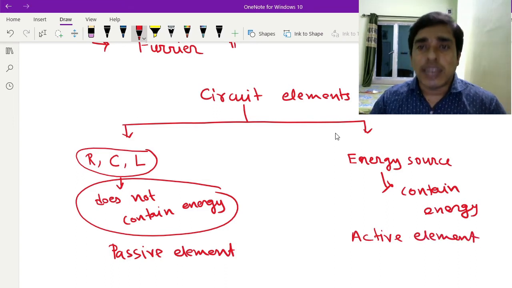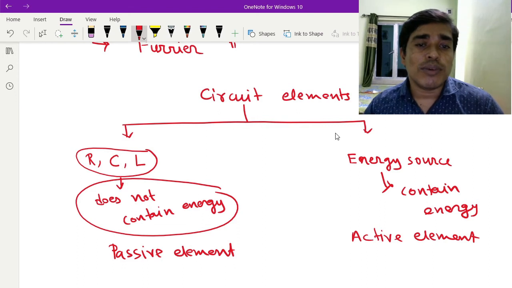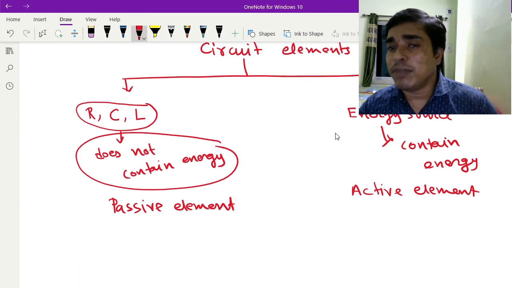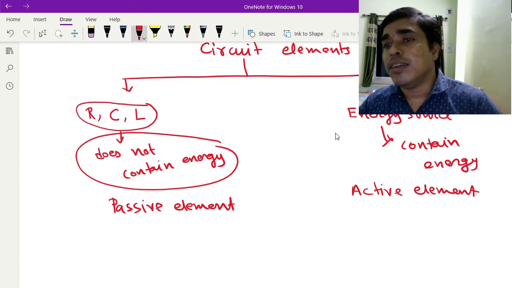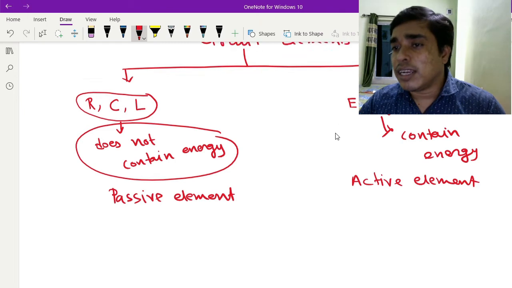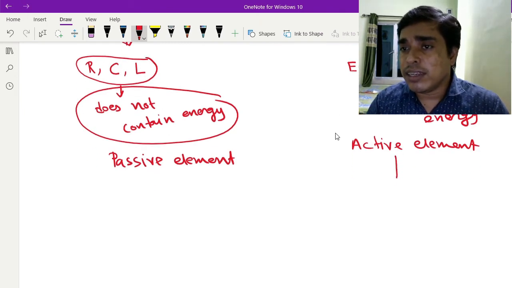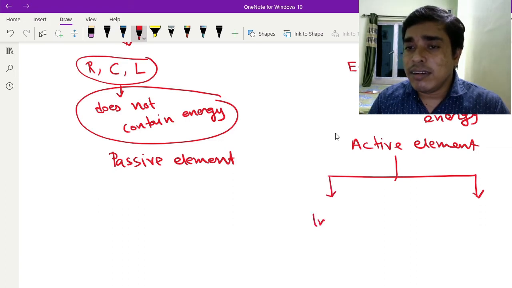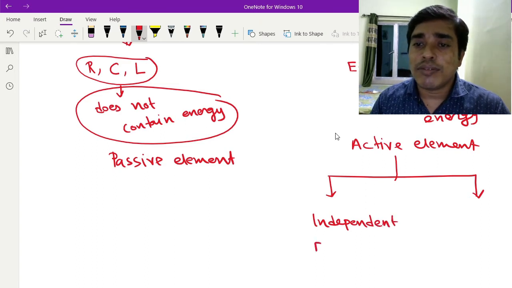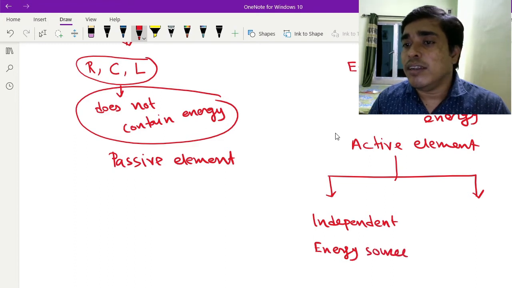So circuit elements can be classified in two ways: passive elements and active elements. Passive elements are resistance, capacitance, and inductance, and the energy source is called the active element. The active element, that means the energy source, is classified as independent energy source and dependent energy source.